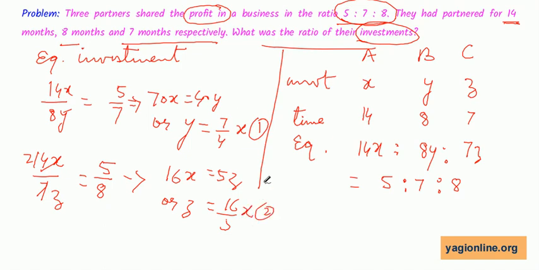Now our aim is to find out the ratio of their investment. And what is the investment? x, y and z. So we actually want to find out x is to y is to z. So can we write it like this? x is to, what is y? y is 7 by 4 x.